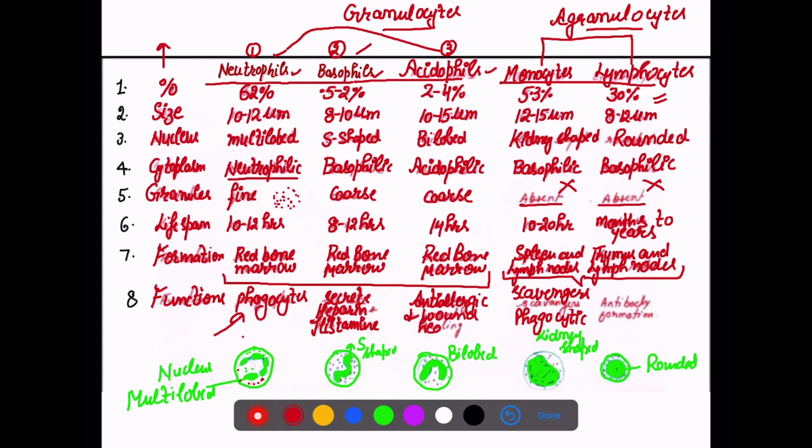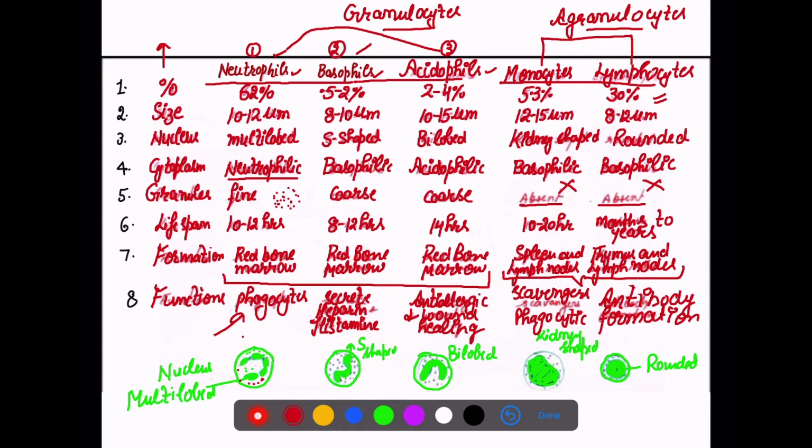They play a major role in anti-allergic and wound healing conditions. Lymphocytes, we already know that they are the main cells which help us to fight diseases. So they help in antibody formation, right?